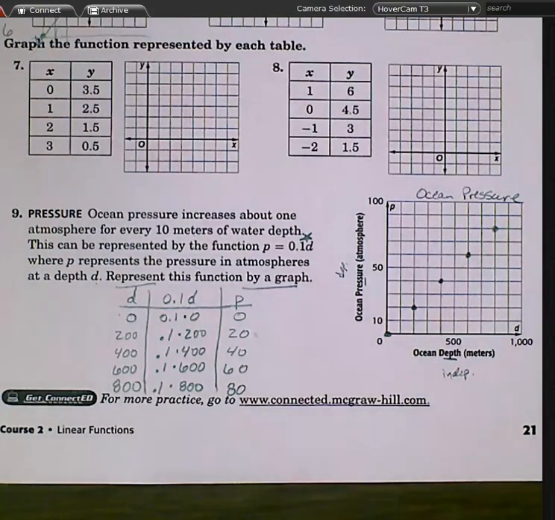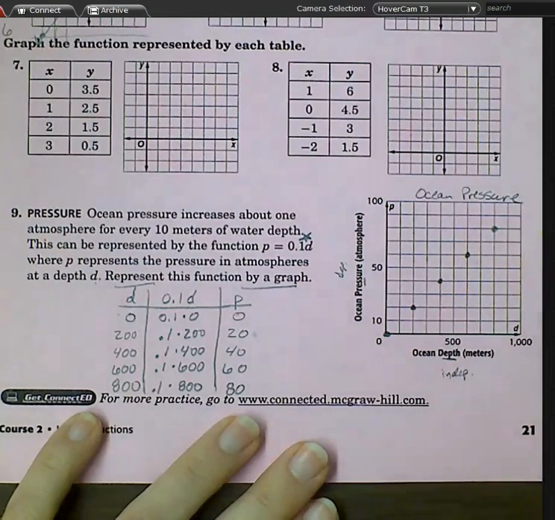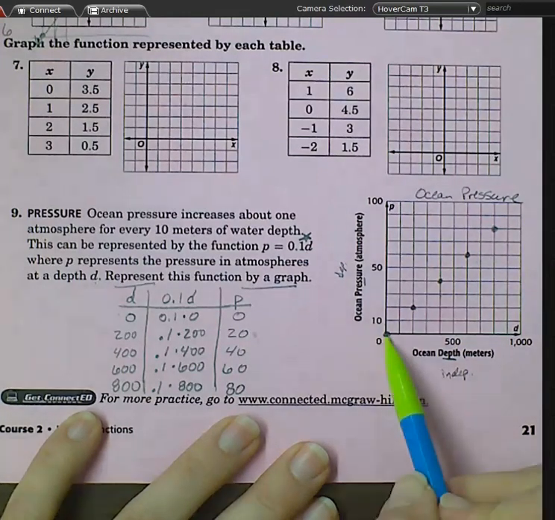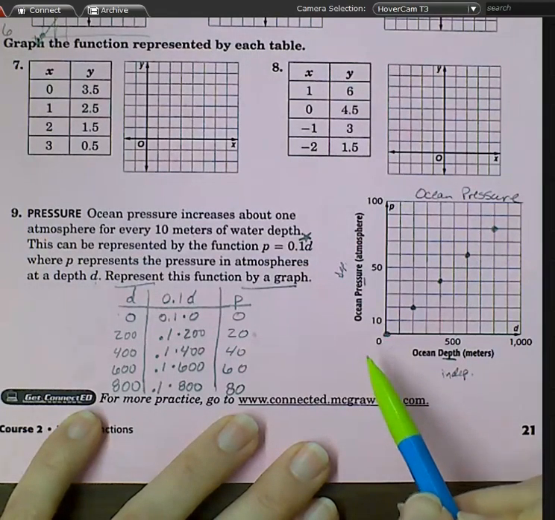Do I put arrows on both sides? Does it make sense to go up to 1,000 or 1,200 or 1,500? Yeah. So I would need one there. What's an ocean depth of negative meters? Does that make any sense? No. So we don't put an arrow on this side because that would mean you are floating in the air, right? And that doesn't make any sense.